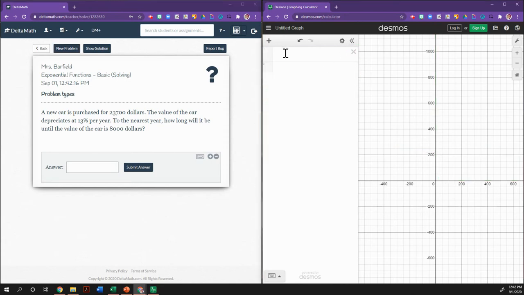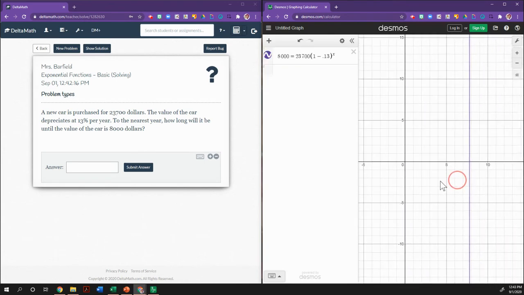I can just use Desmos right now. So $8,000 equals 23,700 parentheses 1 minus, because we depreciate by 13%, 0.13 exponent x.